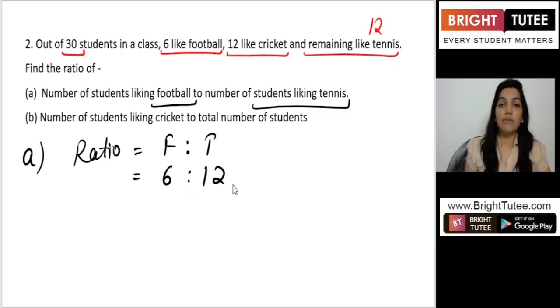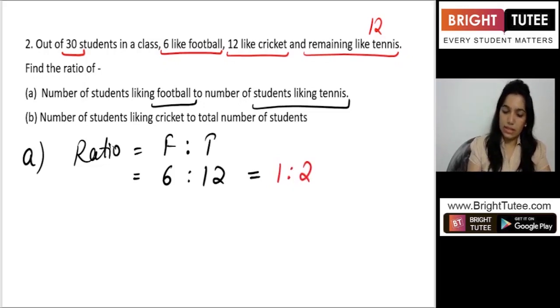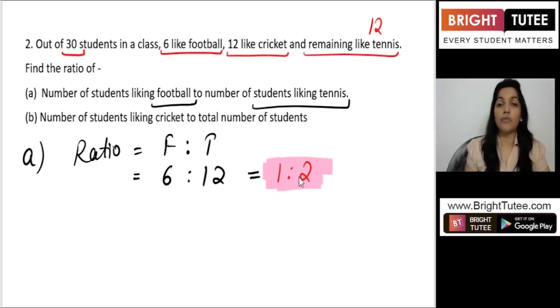Clearly 6 and 12 are in the 6 times table, so we can divide both these numbers by 6. The final answer we have got is 1:2. This is the ratio of the students who like football to the students who like tennis. Let us try part B now.